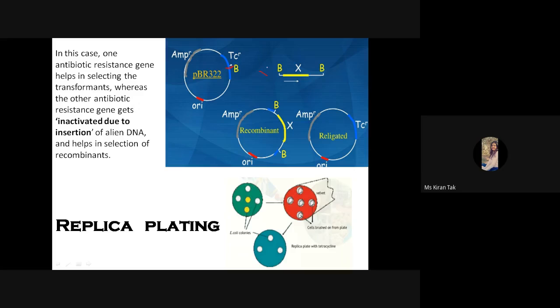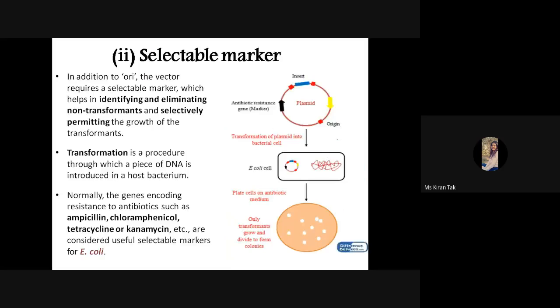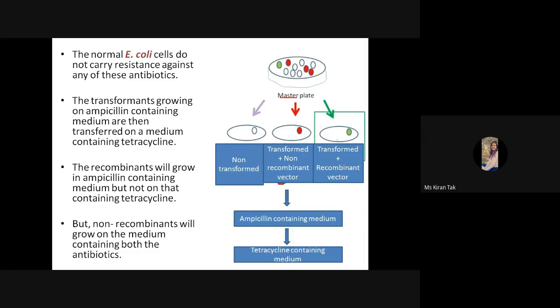there are two possibilities: this gene of interest may enter into the vector and incorporate into it, or it may not, which means it will religate. When we incubate the recombinant DNA with the E. coli, there are three possibilities.